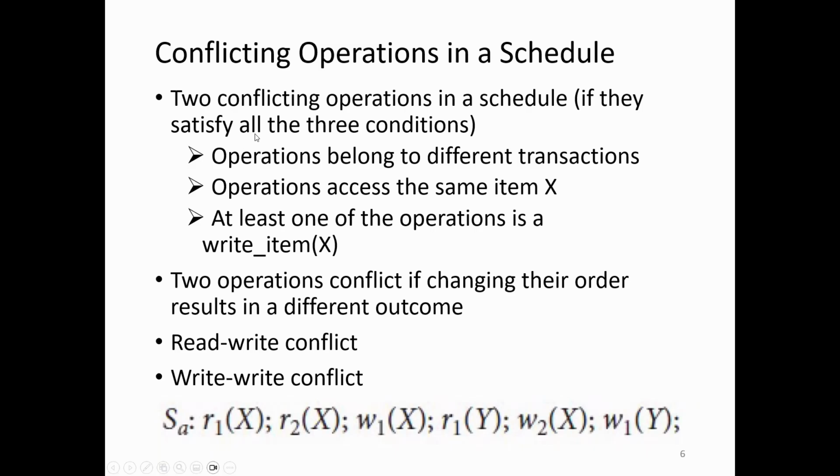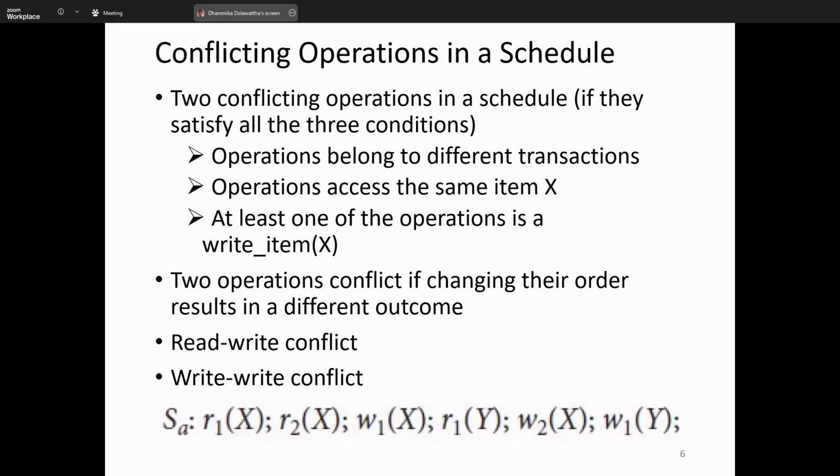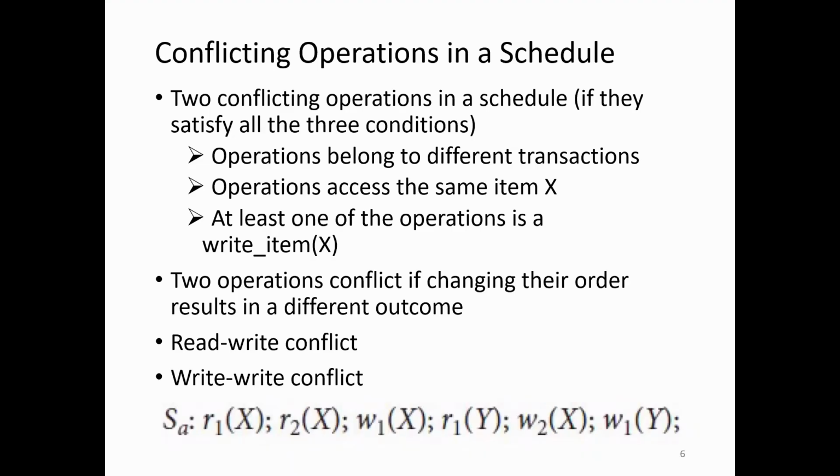So we say two operations in a schedule are conflicting if they satisfy all three conditions mentioned below, right? If particular two operations satisfy these three conditions, then we say these two operations are conflicting.